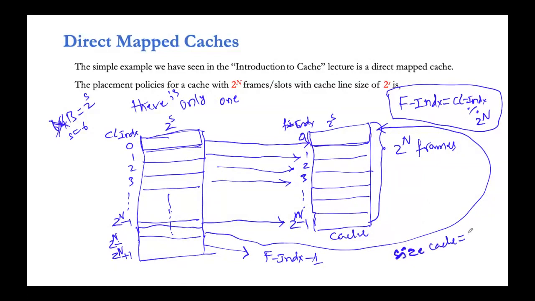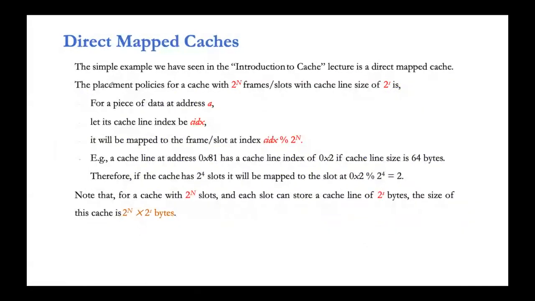Your size of cache is equal to 2 to the power of s, the size of your cache line, multiplied by the number of frames in the cache, that is 2 to the power of n. That gives the size of your cache. This is the simple example we have seen: the placement policy for 2 to the power of n frame slots with a cache line of 2 to the power of s in size.